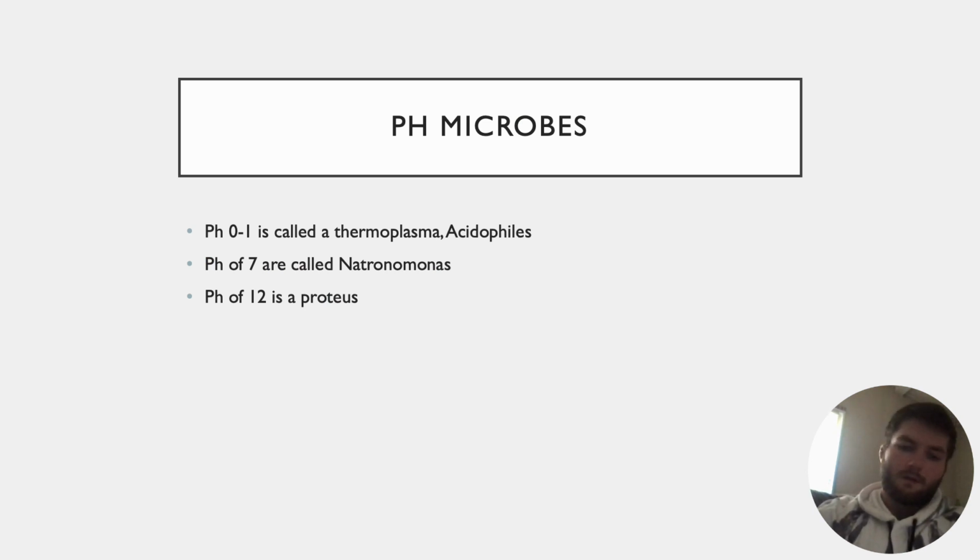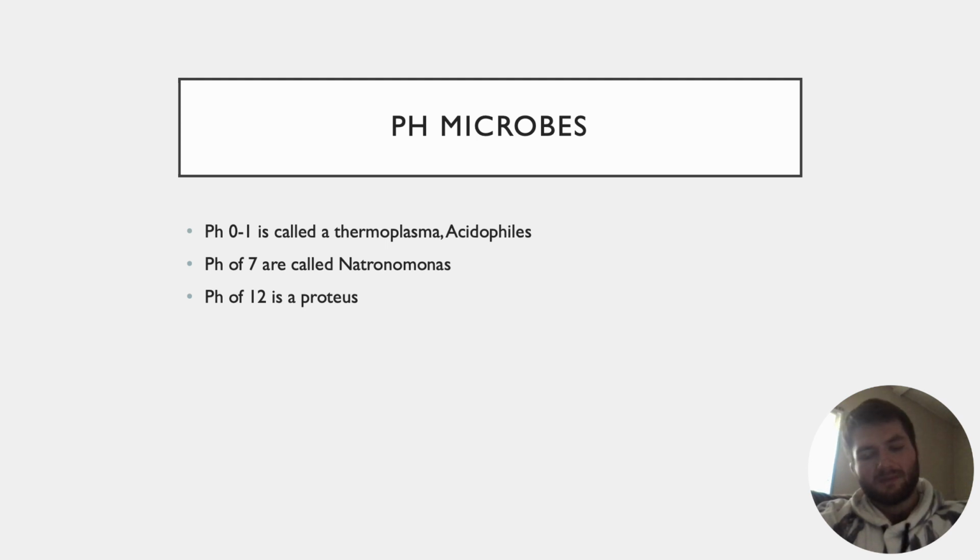So another little key note is pH for microbes. I know this is a pretty sad slide. So a pH of 0 to 1 is called a thermoplasma, a pH of 7 is called a nitromonas, and a pH of 12 is a proteus. So obviously microbes have their own pH levels.